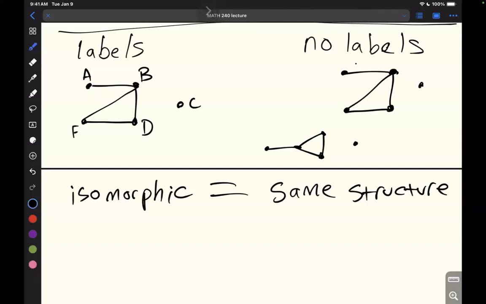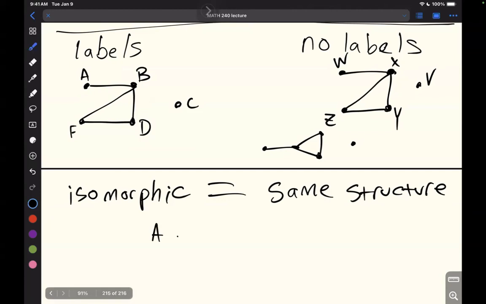If we assigned different labels to these graphs, that would be fine as long as we can identify a correlation of this vertex matches to that. So if I chose W, X, Y, Z, and V, then I can say that A corresponds with W, B corresponds with X, and so on.